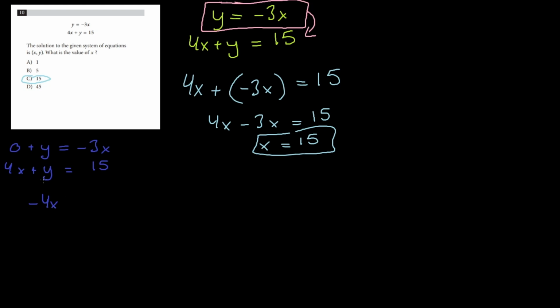We get y minus y is equal to 0, and negative 3x minus 15. Now we add 3x to both sides. We get negative x is equal to negative 15, so x is equal to 15. So we get the same answer.